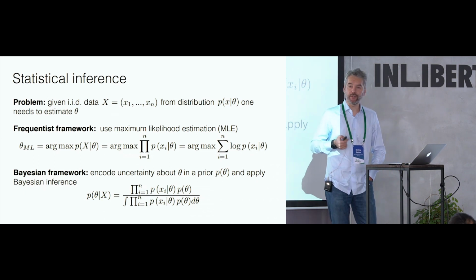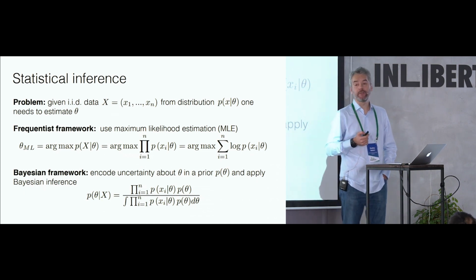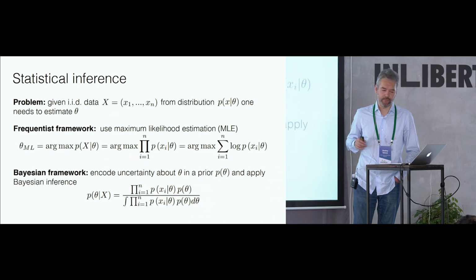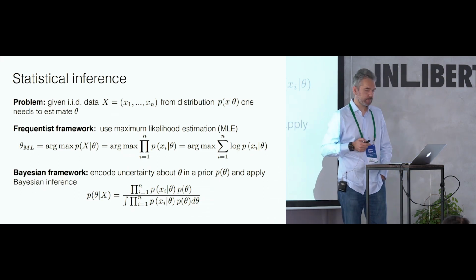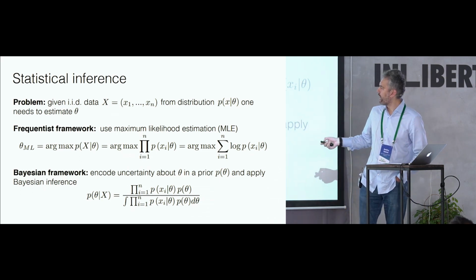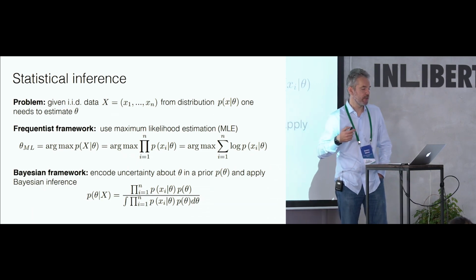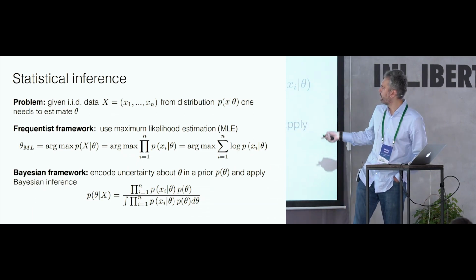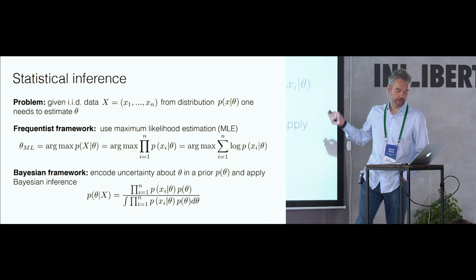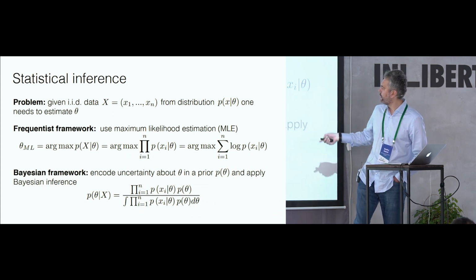According to the Frequentist approach, we simply use maximum likelihood estimation, with which all of you, I guess, are familiar. We take the likelihood function and substitute the observed data X there, and given the assumption that the data is IID, independent and identically distributed, this is simply a product of individual likelihood functions, P of x_i given theta. We consider this product as a function of theta and try to find the maximum value of theta.